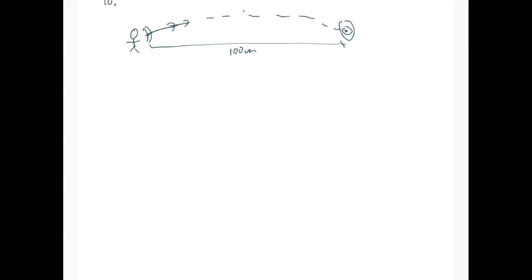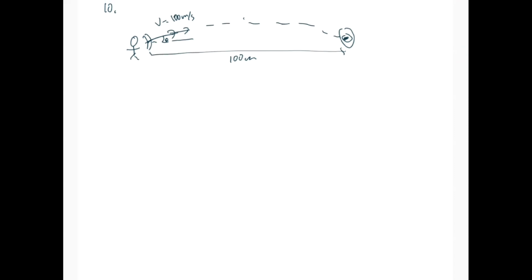And she shoots with a velocity of 100 meters per second. And we want to find the angle theta such that she hits the center of the target, which is basically at the same height as she fires the arrow. So this is just a standard kinematic question.